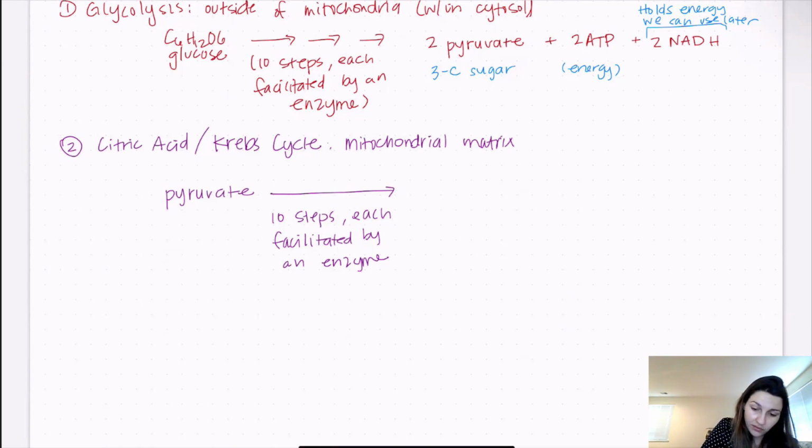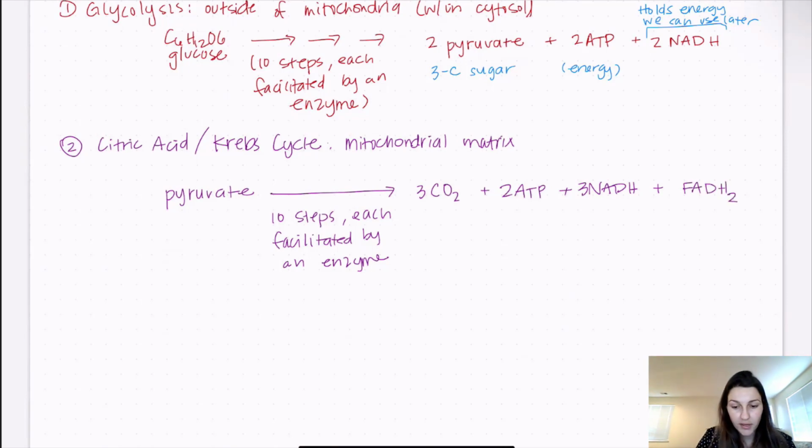So we have 3 carbon dioxide, CO2. We get 2 ATPs. That's great, that's energy. Plus we get 3 NADH. Oh, and I almost forgot a new one, which is FADH2.